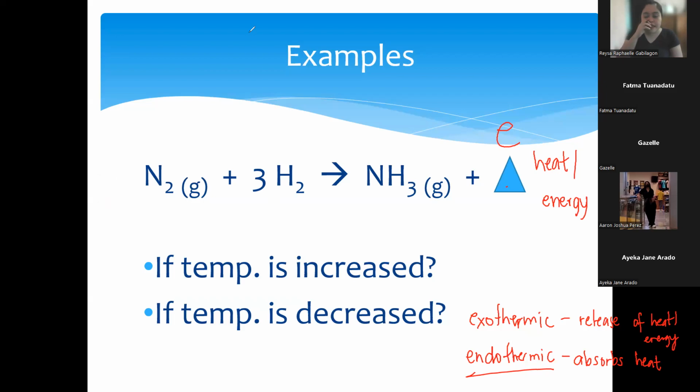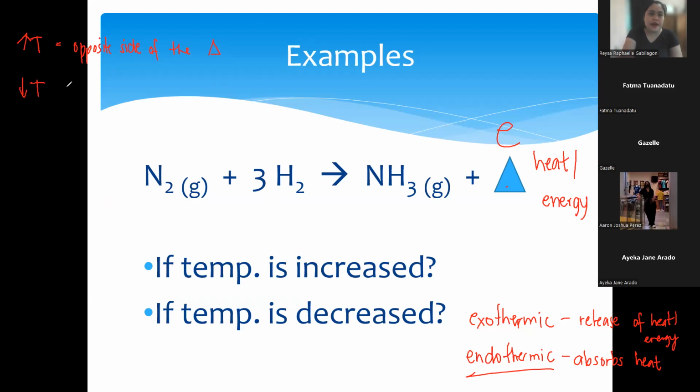So, i-summarize natin ang rule ng Le Chatelier's principle sa temperature change. If mag-increase ang temperature class, the shift will be on the opposite side of the heat or the energy. So going on the side na walang heat or walang energy.